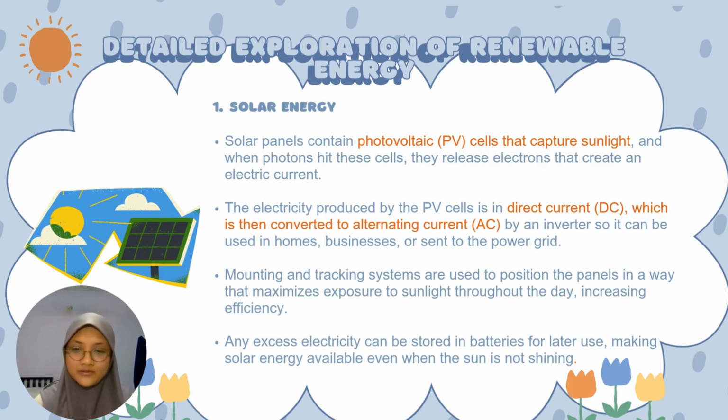Mounting and tracking systems are also used to position the panels in a way that maximizes exposure to sunlight throughout the day, increasing efficiency. Any excess electricity can be stored in batteries for later use, making solar energy available even when the sun is not shining.